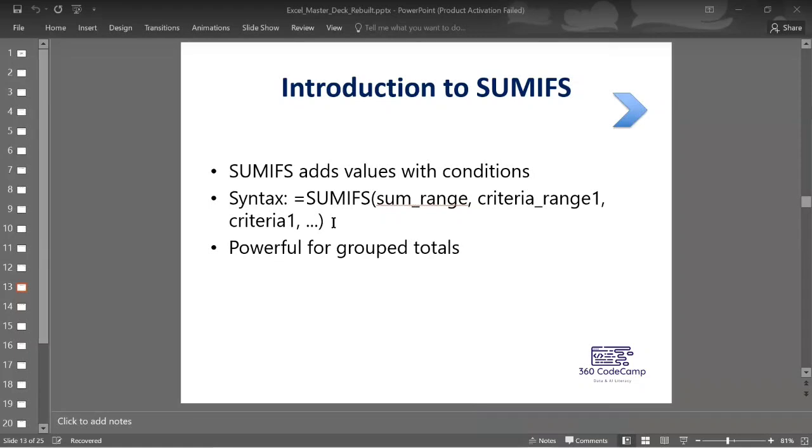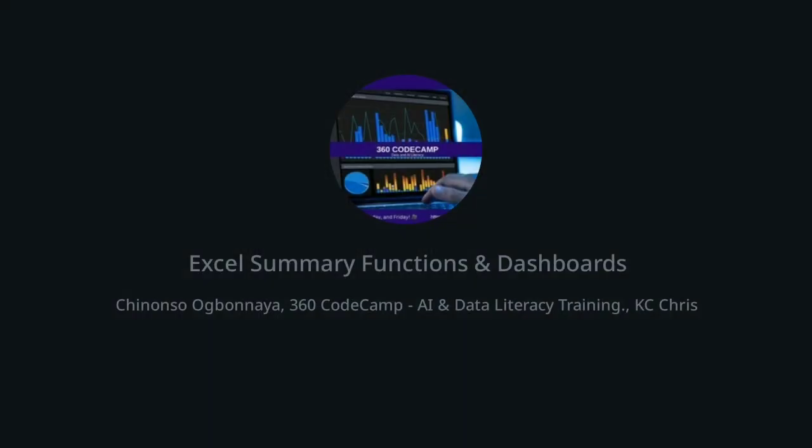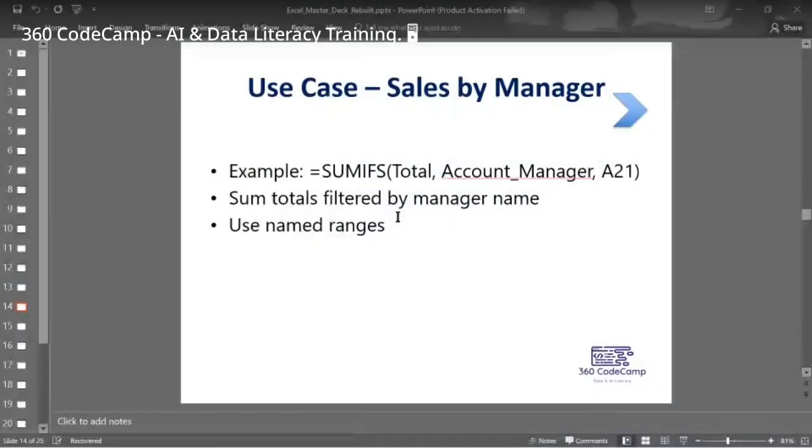So we actually have use cases. Let me show the use cases. The first use case we want to see is sales by manager, the sales made by our managers. You can see the example we have here. We have SUMIFS with a total column where we have the total of sales, then the account manager, a particular manager whose total we want to see, and the criteria.